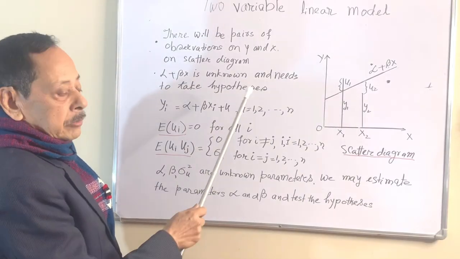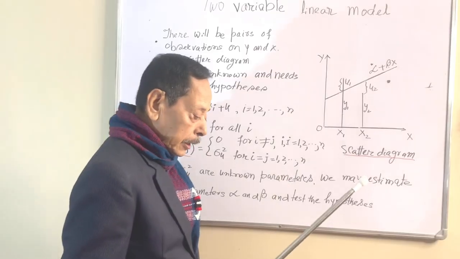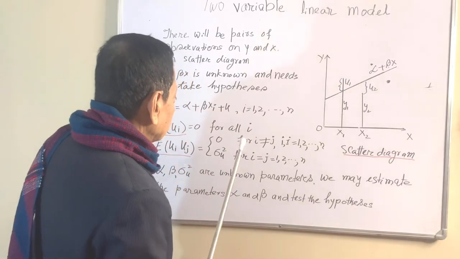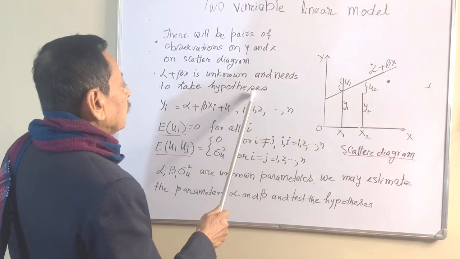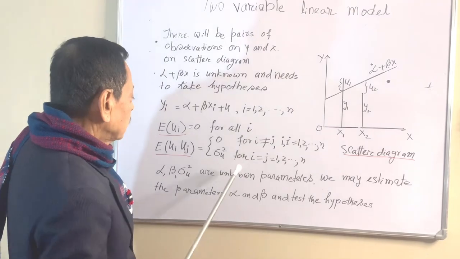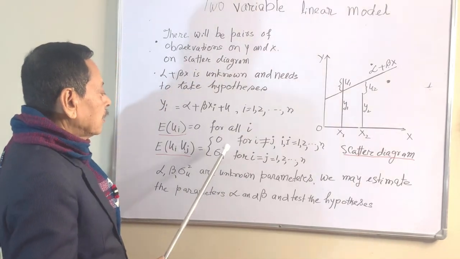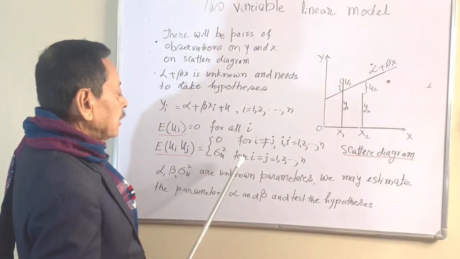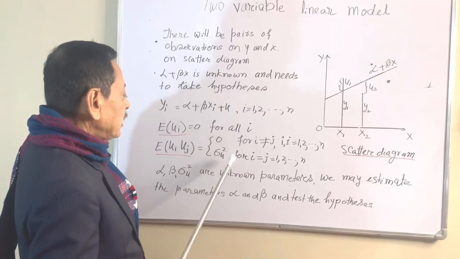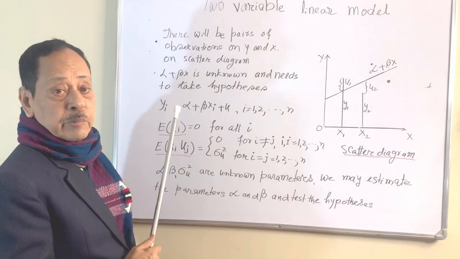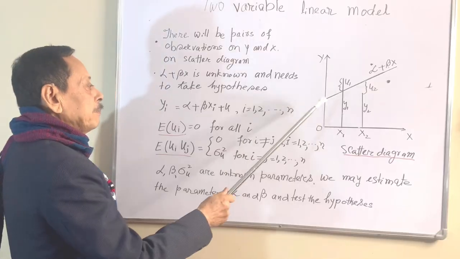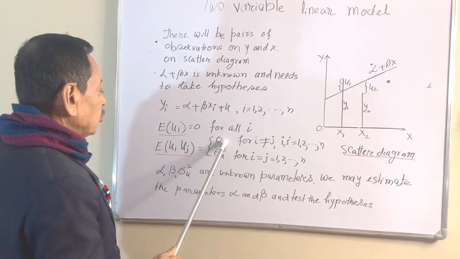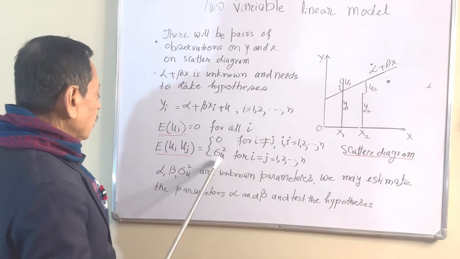We will come across the matrix of ui and uj, that means the error matrix. In the error matrix we will examine whether the covariances are 0 or not, and whether sigma square is constant or not. So our tentative assumptions are there to get a baseline: the covariances should be 0 and the variances should be constant.